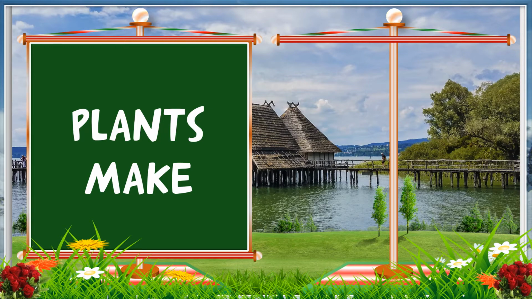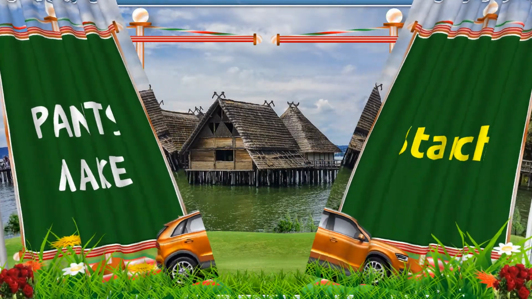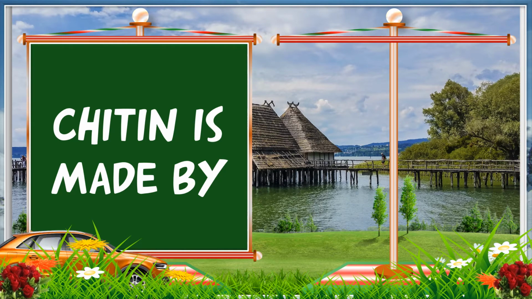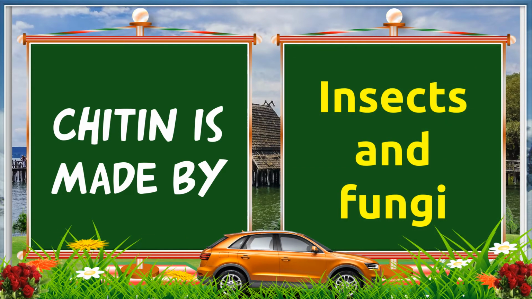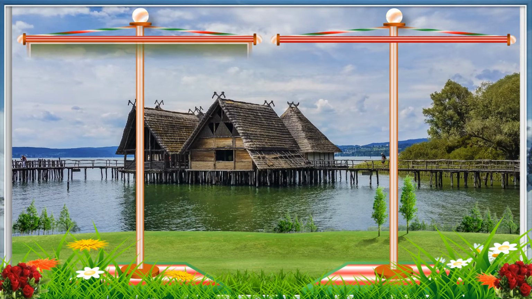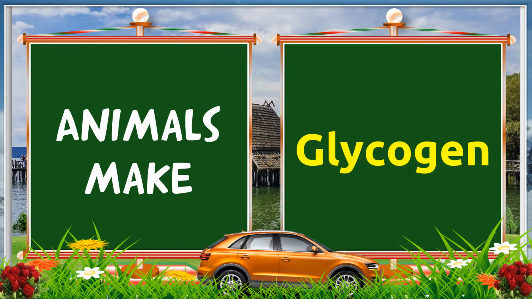Plants make starch. Animals make glycogen.